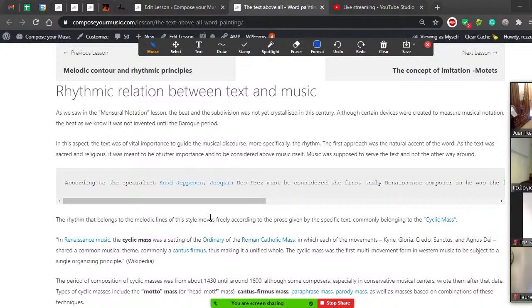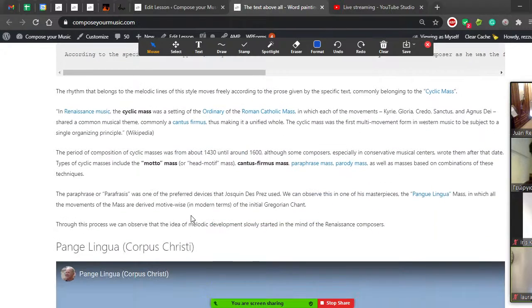Now, in this lesson, the most important thing that we have to learn is that one of the devices that is interesting, and should call our attention, is the origin of the paraphrase that we saw last time.